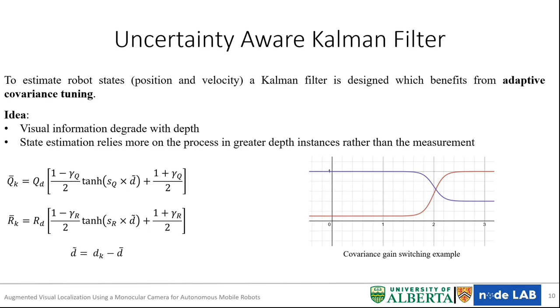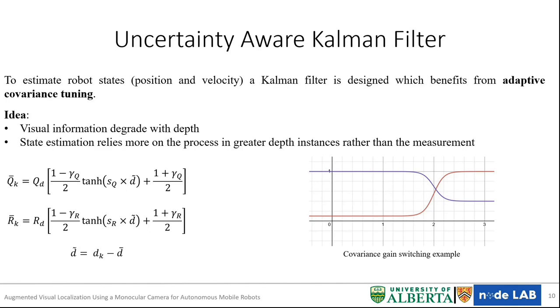Because of this, we can tune the covariances of the process and the measurement to be able to rely more or less on any one of them. Namely, when the mobile robot is closer to the camera, we rely more on the measurements that are coming from the visual node. And when the robot gets far away from the camera, we know that the camera is going to produce some noisy measurements, and it's going to be more uncertain.